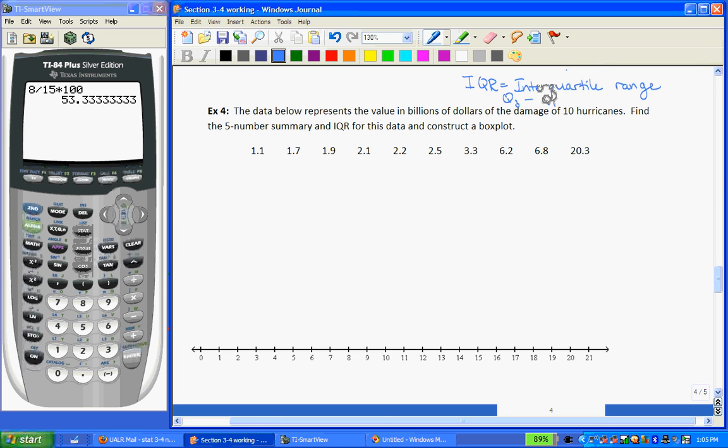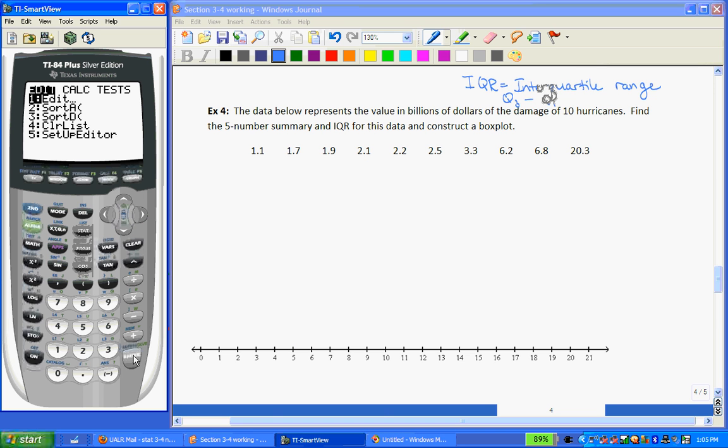So, okay, lucky for us, our data is already sorted. That was very nice. And we need to find the 5-number summary. I'm going to go ahead and do this on the calculator. So first I need to put my list in, my data values. And I'm going to clear this out. 7, 1.9, 2.1.